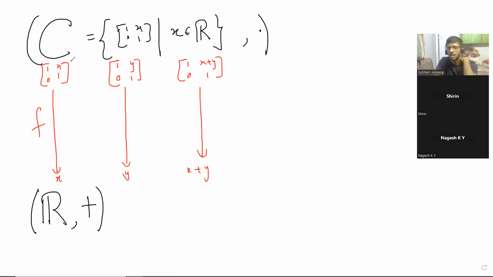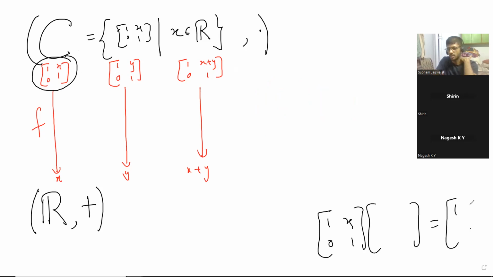Means for this thing, what matrix will you multiply with to get the identity matrix? That is my question. Or is there such a matrix? Minus X. Minus X, right?